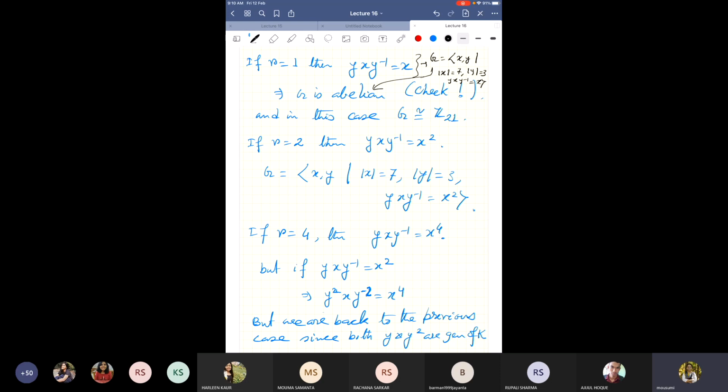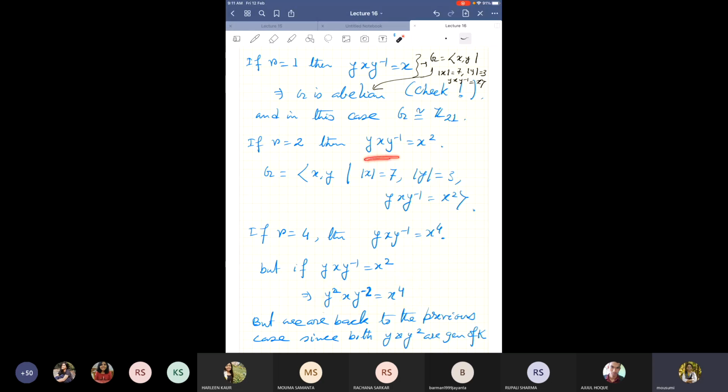Now suppose r is equal to 4. So if r equals 4, then y x y inverse is equal to x to the power 4. But in the previous case, y x y inverse equal to x square was there. So I am trying to show that this case is actually leading to that case only. How? If this condition is satisfied, then y square x y inverse will be equal to x to the power 4. But y square is again an element of order 3.